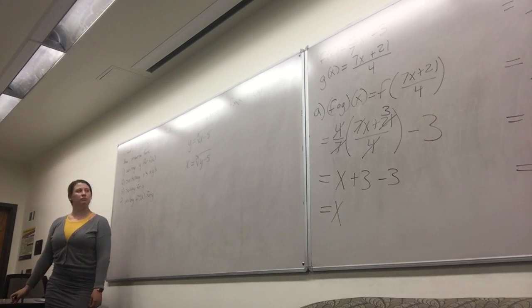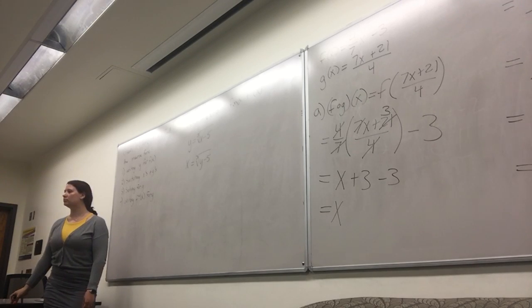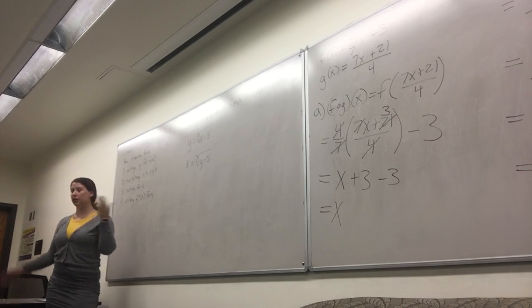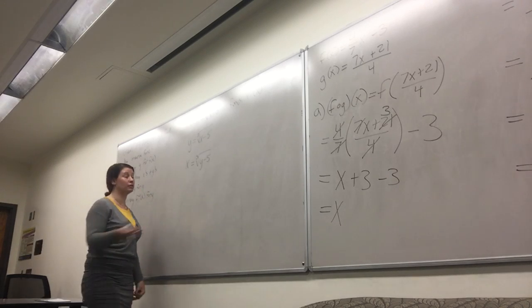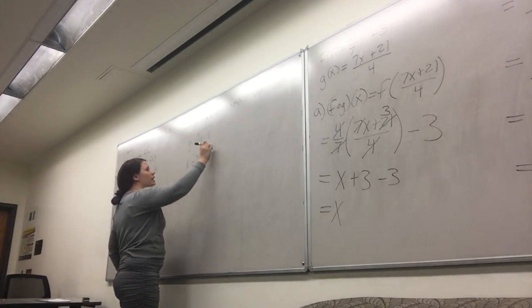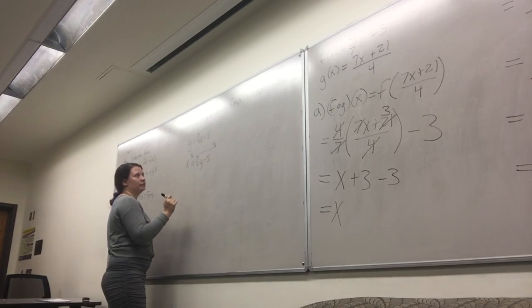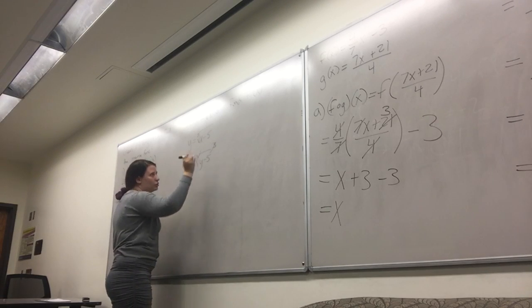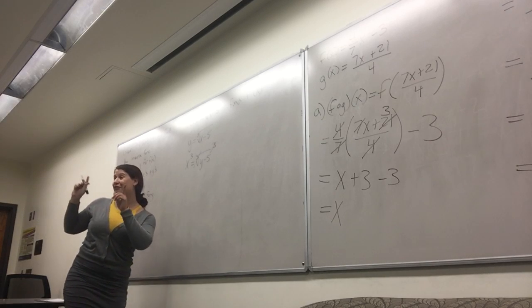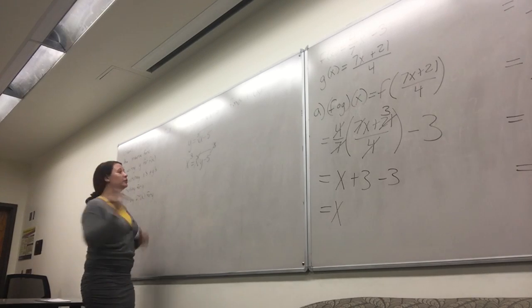What's our first step? Get rid of the third root, right? So we cube both sides. The cube root and cube cancel. They're inverses of each other. Sorry, I had to.